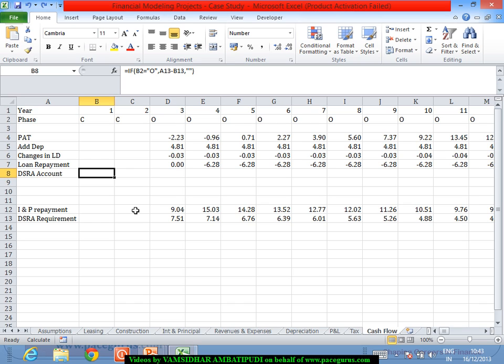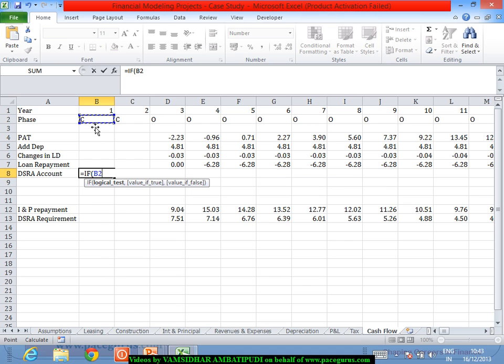Okay, here we can write one more rule saying, yes, if this is equal to operations, fair enough, then only we will actually put up a DSRA requirement. Then if the previous DSRA part is equal to blank, then take the DSRA value as it is with a minus sign.